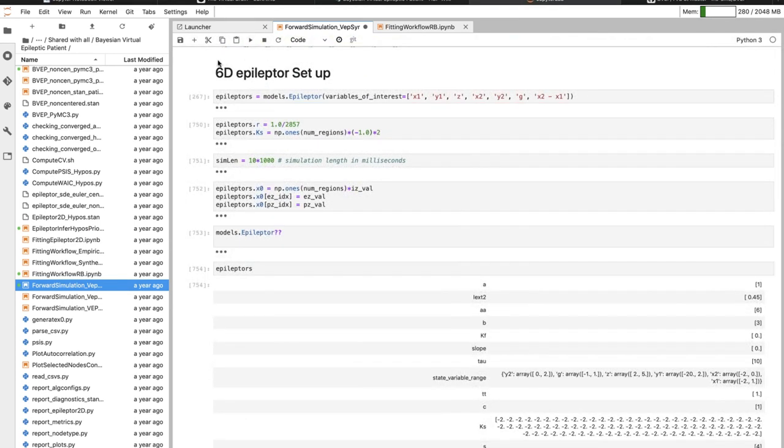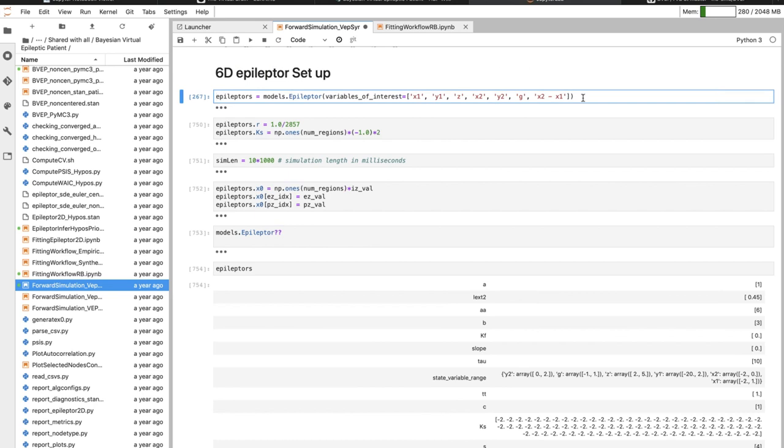Then we set up the Epileptor. So why 6D? In TVB, one of the coupling functions in the Epileptor model can be transformed into 6 state variables, so it's easier for the integration of the models.